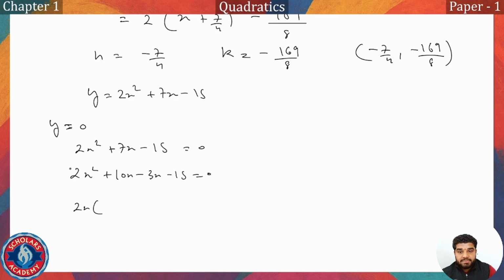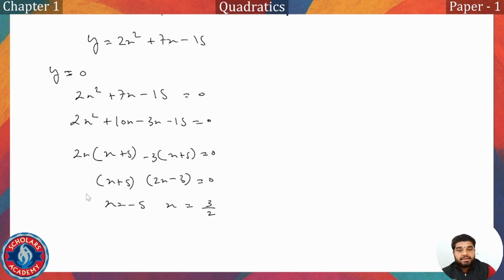If I take 2x common, I get x plus 5. If I take negative 3 common, x plus 5 is equal to 0. x plus 5 and 2x minus 3 is equal to 0. So I get x is equal to negative 5 or x is equal to 3 by 2. So these are the two coordinates where I am getting the intersecting points of the curve and x-axis. Those are negative 5 comma 0 and 3 by 2 comma 0.